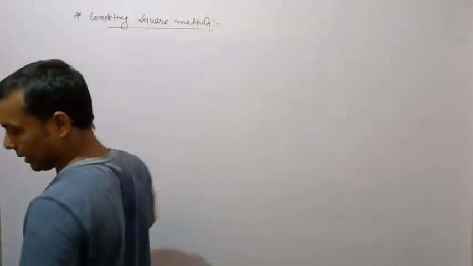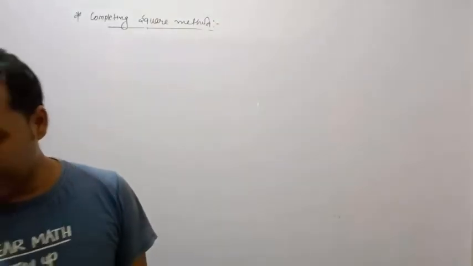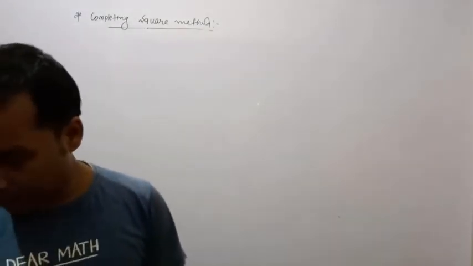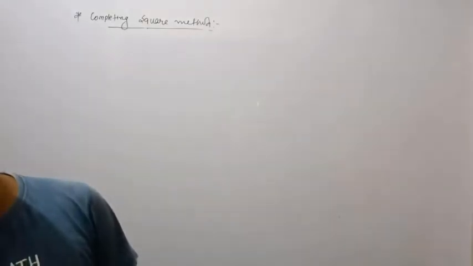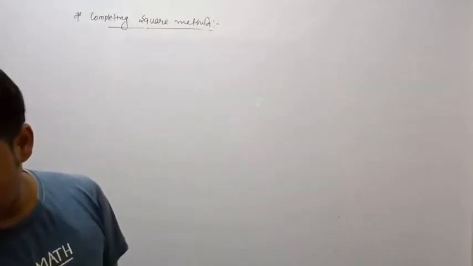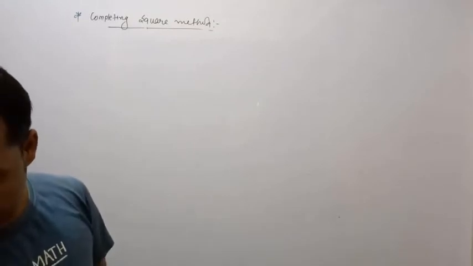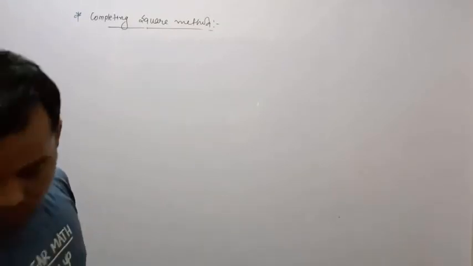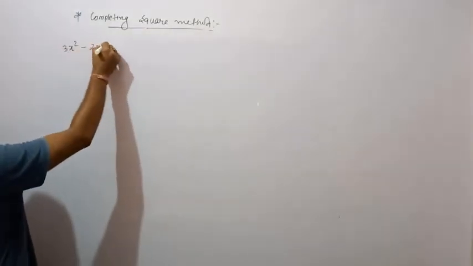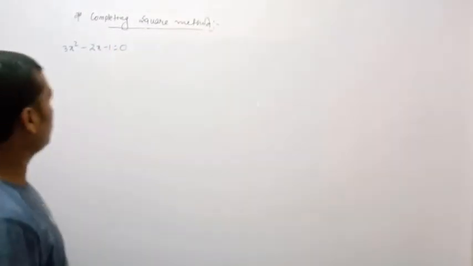Now we will discuss some questions regarding the completing square method. Our question is 3x² − 2x − 1 = 0.